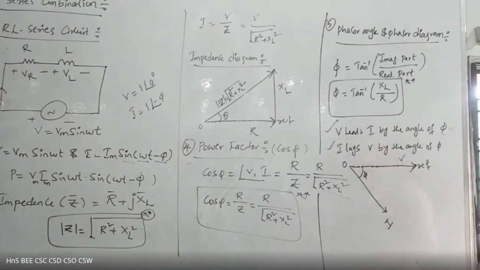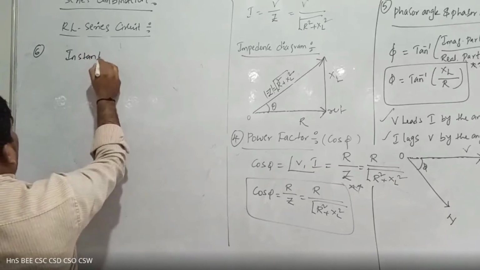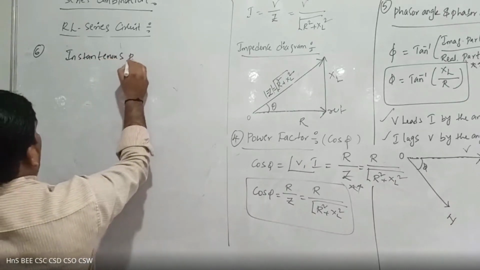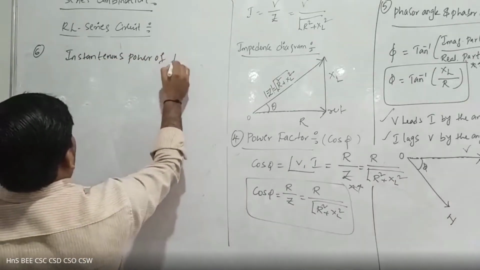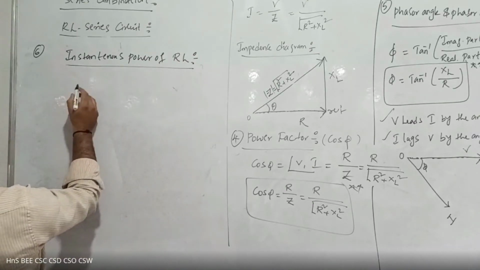Okay, this is our fifth point. Now is our instantaneous power of the RL series circuit. Sir, what is P?